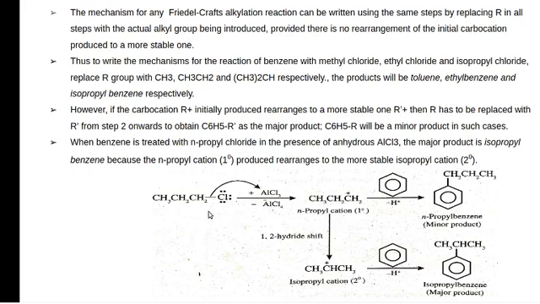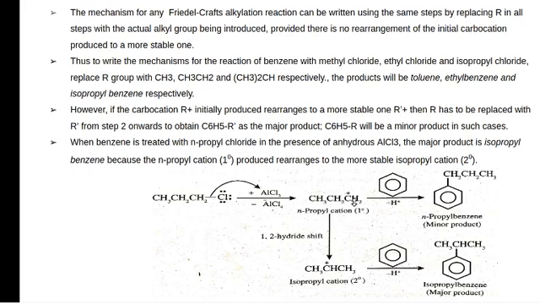Here we have n-propyl chloride, which on treating with anhydrous aluminum chloride, the base will be AlCl4 minus and the carbocation will be produced. That is the primary carbocation, propyl cation, CH3CH2CH2+.